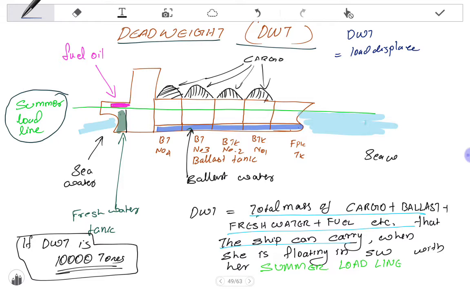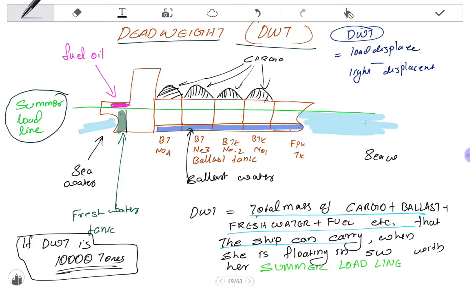Now the dead weight is the weight of the cargo and other things when the ship is floating at the summer load line. So to find out the dead weight, we have to find the load displacement and subtract the light displacement. Okay, this is the formula for dead weight of the ship.